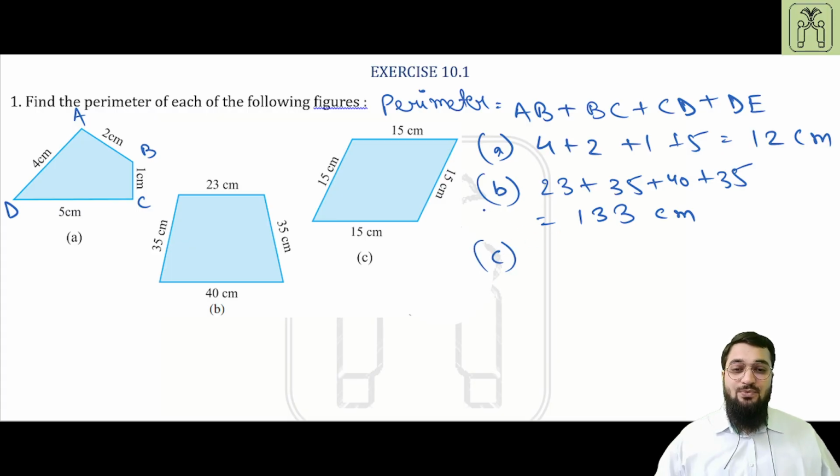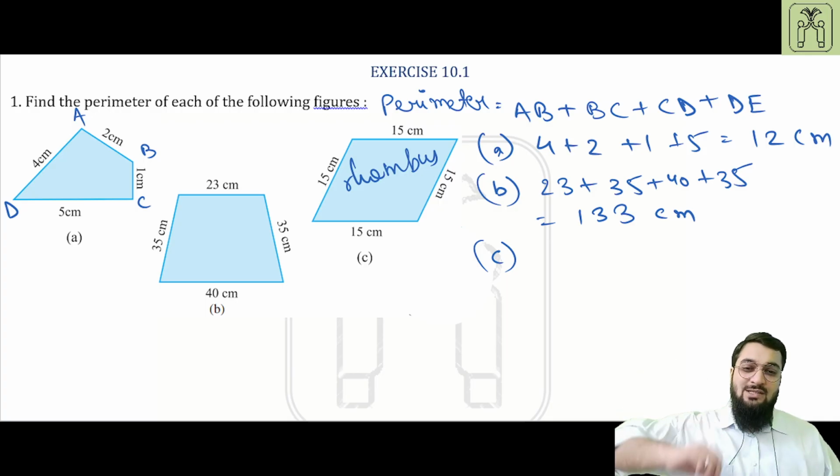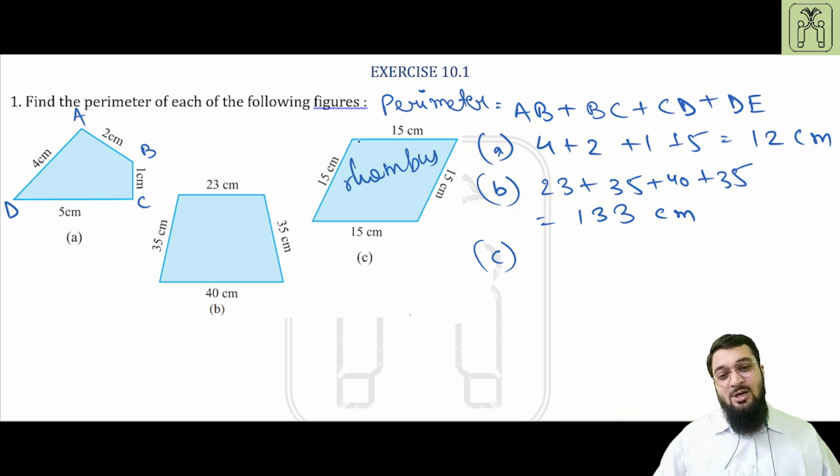Part C, 15, 15, 15, 15. So this is basically a rhombus. A rhombus is something which has all the sides equal and that has gone under a shearing moment. Also, you can call it a regular parallelogram.